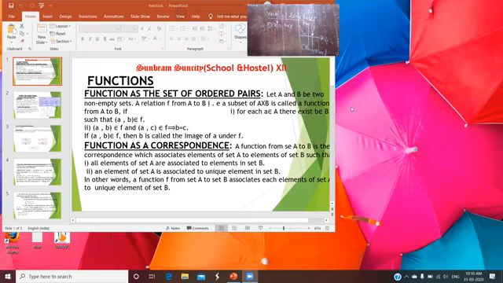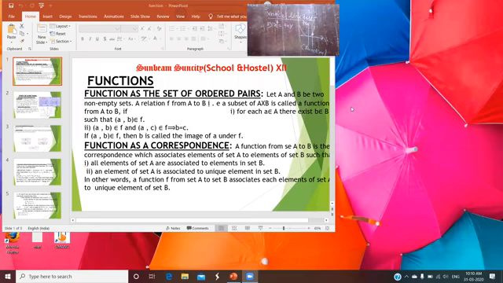Suppose you have two sets x and y, and the function f is defined between them. Suppose you take x1, x2, two distinct elements in set x, and corresponding to them you have f(x1) and f(x2).